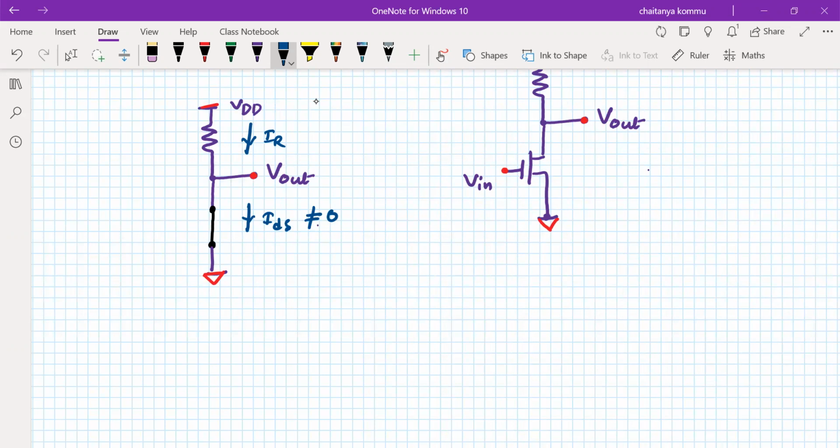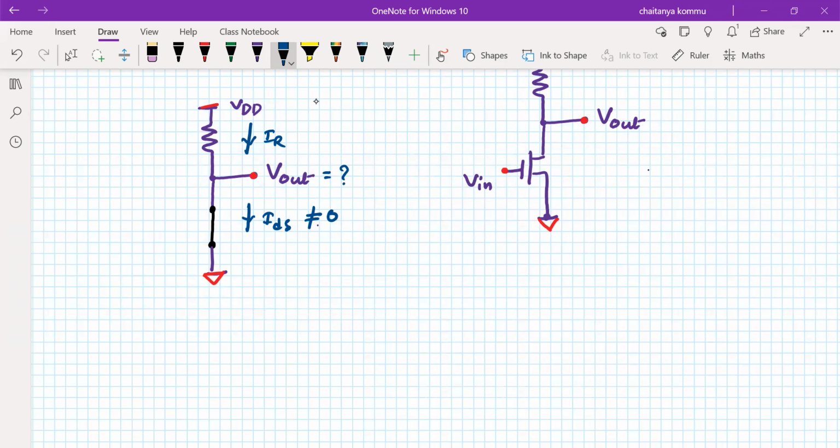But two possibilities are there: either the linear current will flow, or the saturation current will flow. Agreed? So now the question is how much Vout we observe. That's an important one.